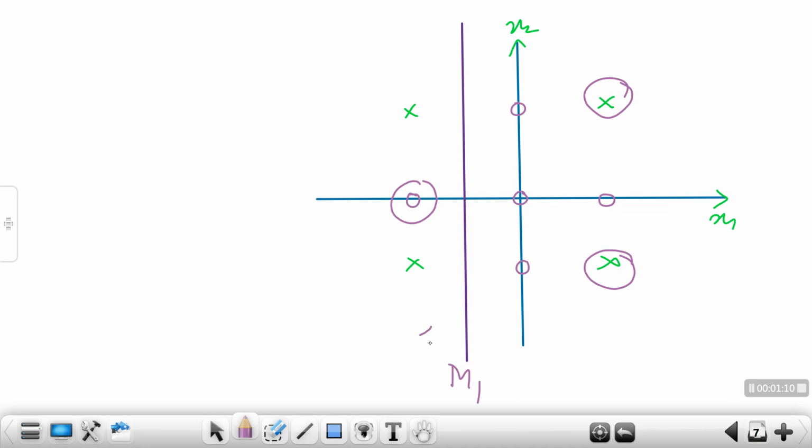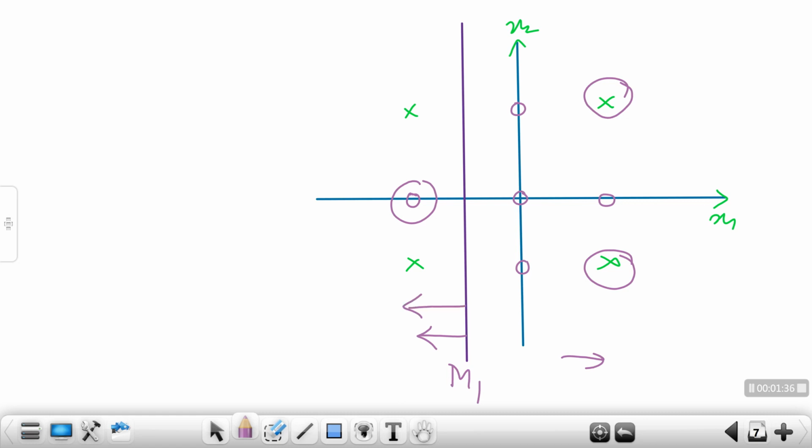So which side is class 1? This direction is class 1 because out of 3 samples, 2 belong to class 1. Whereas on the other side, out of 6 samples, 4 belong to class 2 and 2 belong to class 1. Usually we take the direction of class 1 as positive, so that is the reason I have taken the M1 direction this way.